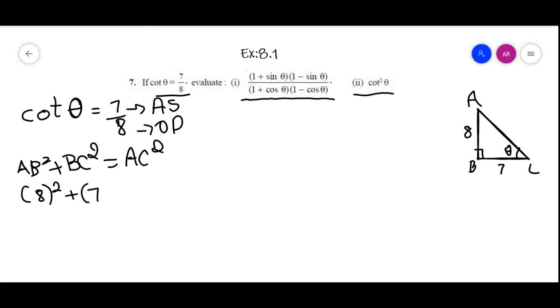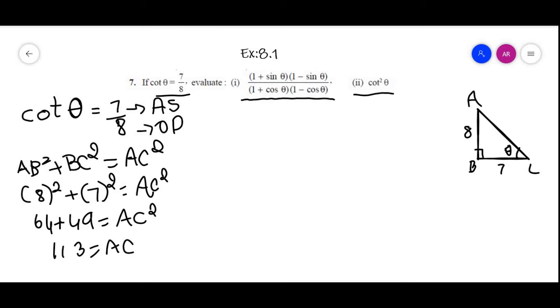And BC is 7, so 7 square is equal to AC square. 8 square is 64 and 7 square is 49, so 64 plus 49 is equal to AC square. 64 plus 49 is simple math, which is just 113. So 113 is equal to AC square, and AC is equal to root 113. Can we simplify root 113? No, we cannot, it's a prime number.